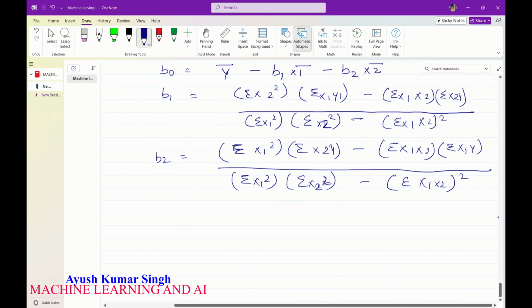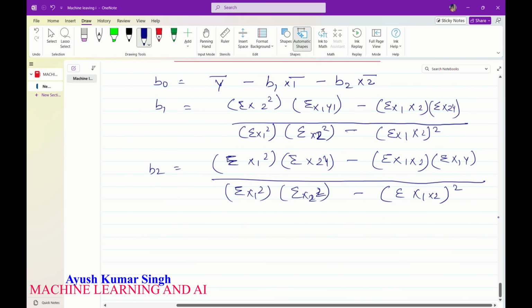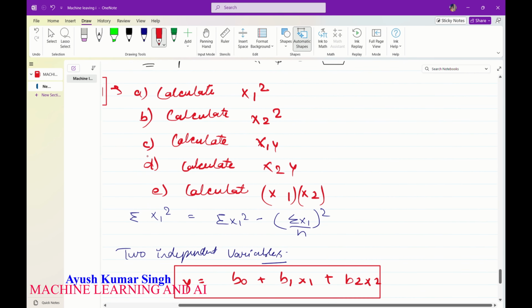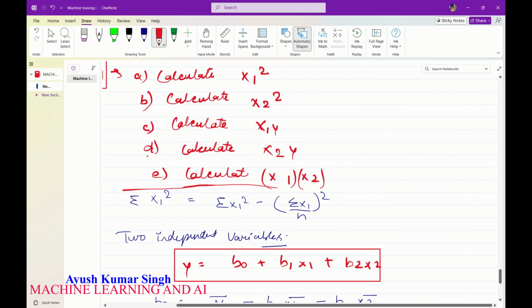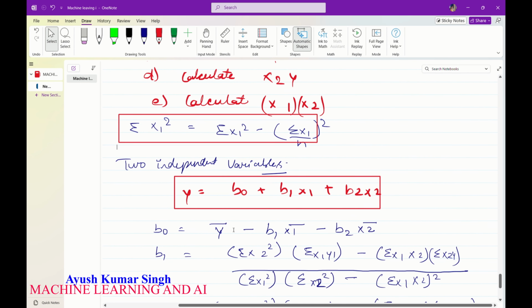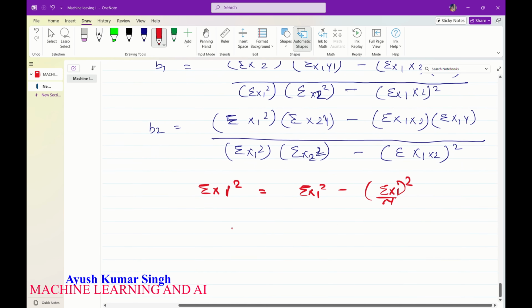Fine. So in this way you will come to the conclusion sum of xi whole square is equal to sum of x1 square minus sum of x1 whole square upon n. So this was the formula which I wrote here, if you remember.